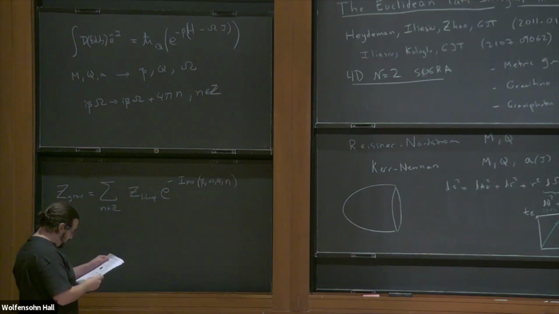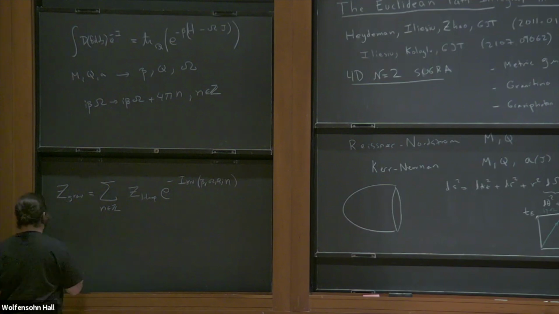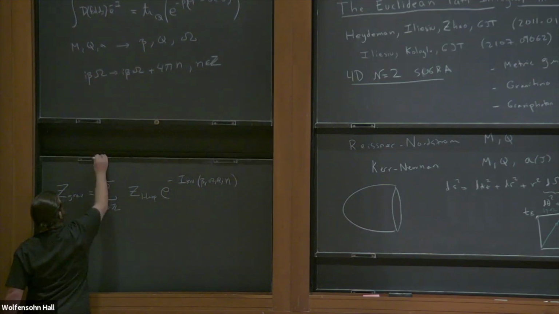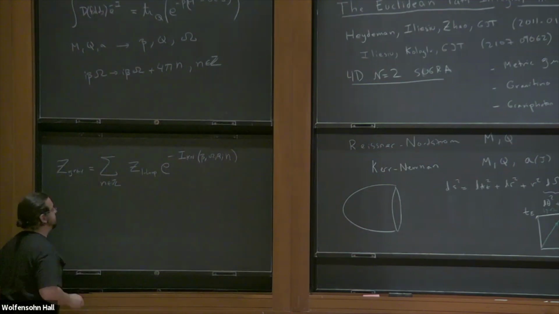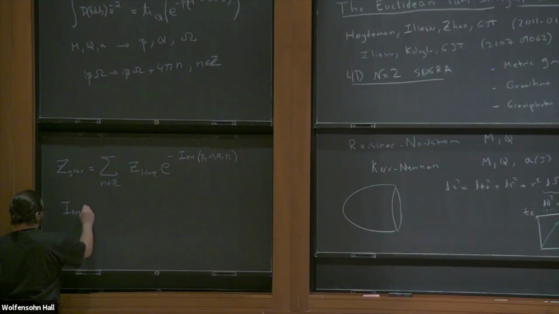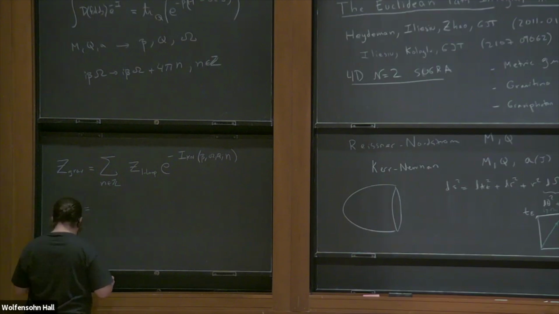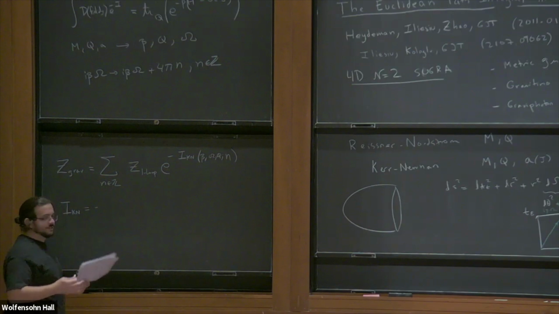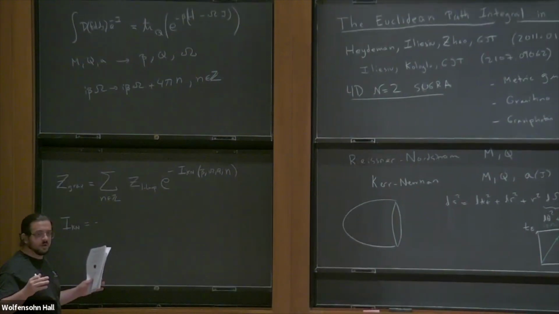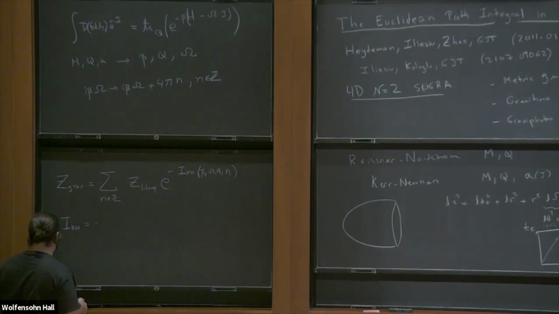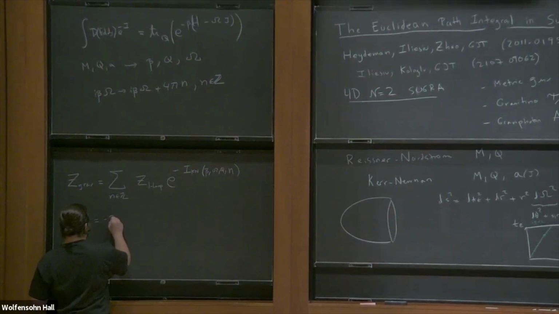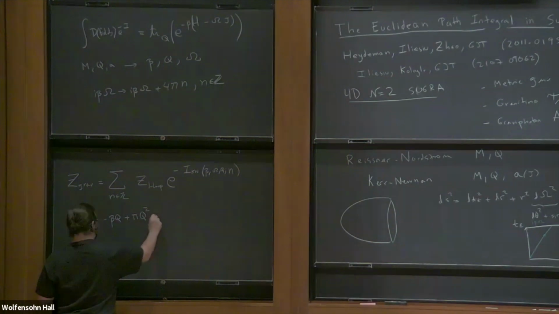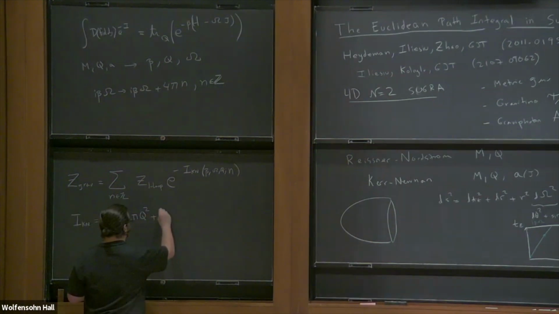Just to give you some intuition about how they behave, I will write down the action as a function of n. This is a complicated formula in general, but I will write it near extremality, for fixed Q and low temperature, where this formula becomes a little simpler and maybe more familiar.